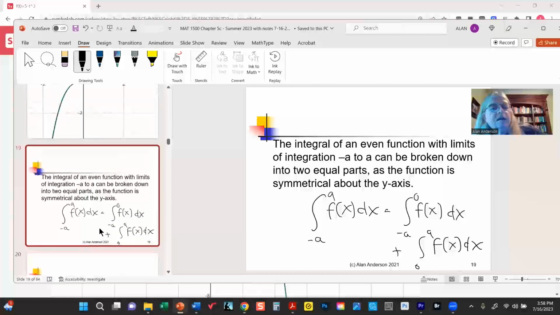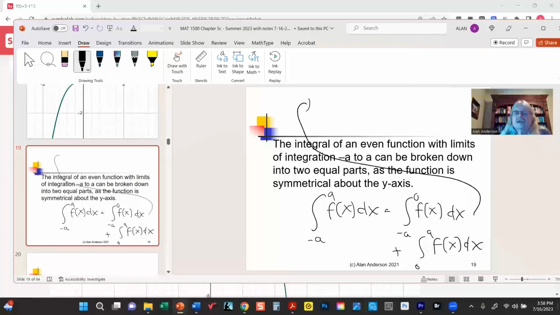So what that means is that what you've actually got here is 2 times either one of these. You can choose one of these and you just note that you're just doubling one of them. And that might make it easier to do the calculations.